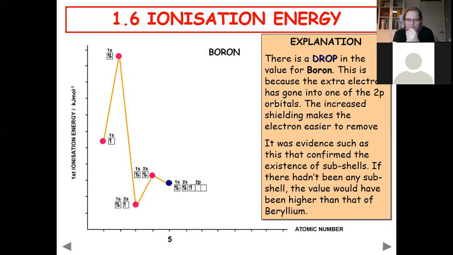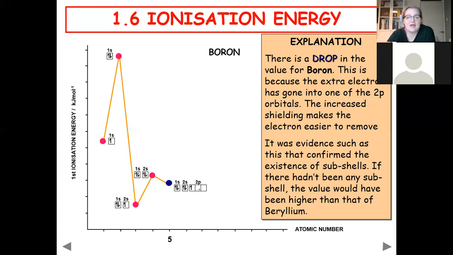So boron is one of them. Boron does drop. This is because the extra electron has gone into one of the p orbitals, and this is why we have proof of orbitals. Not only do we have proof of each energy level, each shell, first shell, second shell, third shell, we also now have proof of orbitals. This outer electron on boron isn't in the 2s orbital, it's now gone into the 2p orbital.